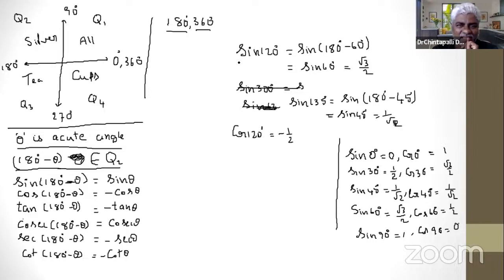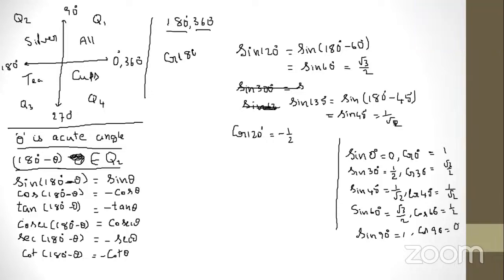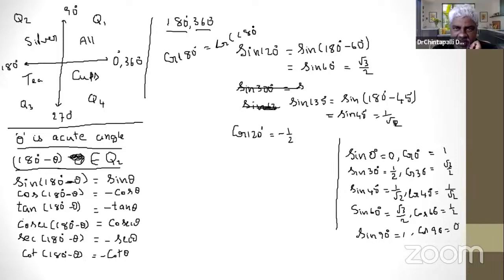You can write cos 180 like this: cos of 180 minus 0, that is minus cos 0, that is minus 1. So cos 180 degrees is negative 1, right?